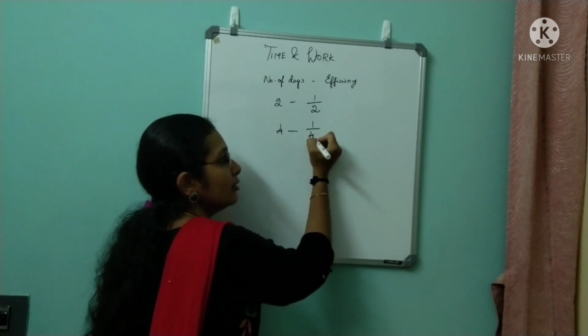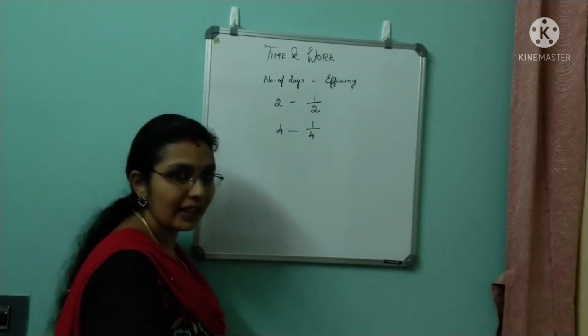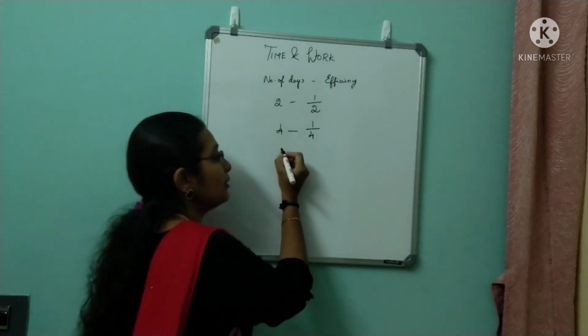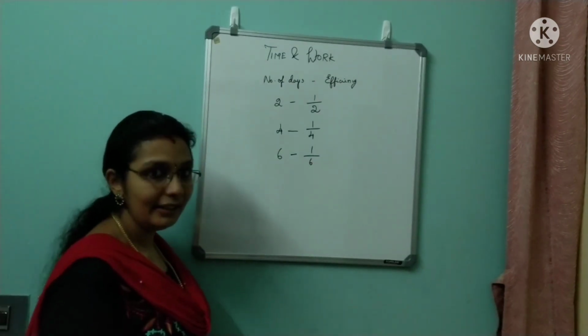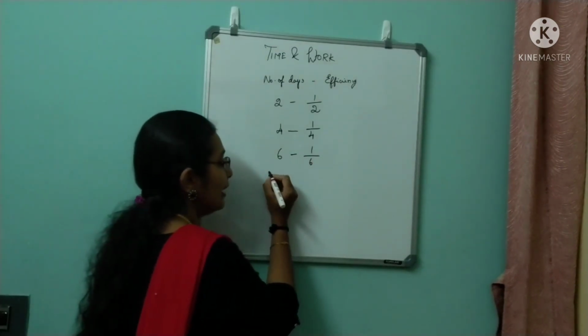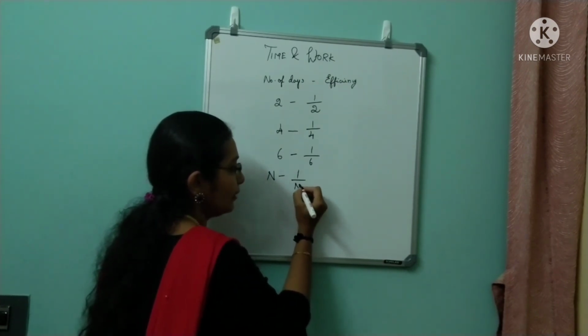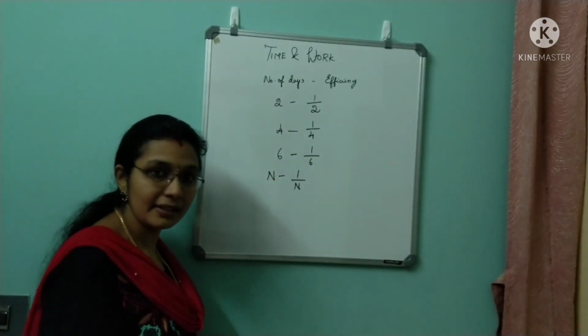One part today, second part on the second day, third part on the third day and fourth part on the fourth day. If it is 6 days, your efficiency would be 1 by 6. In general, if it is n days, my efficiency would be 1 by n. So number of days and efficiency are reciprocal.